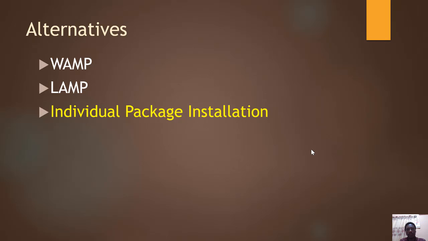And if you have the time and you want to go through the hassle, which is not necessary, you can install the Apache on your own separately, the MySQL separately, and also the PHP scripting language on the machine separately.